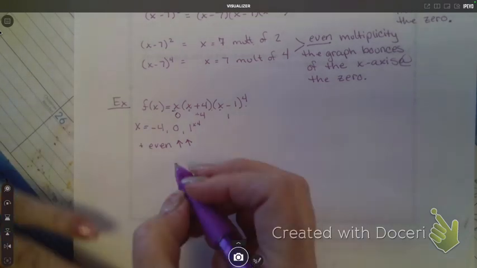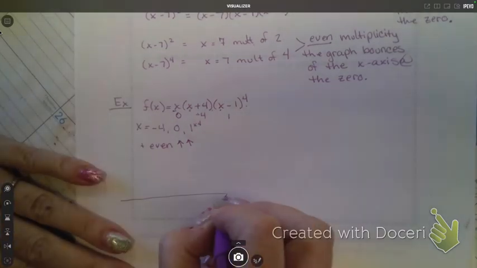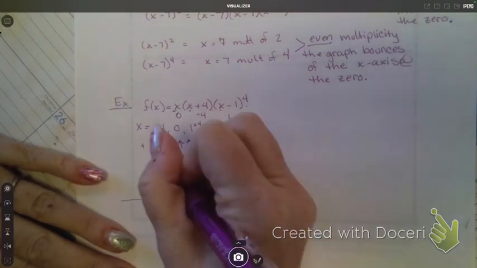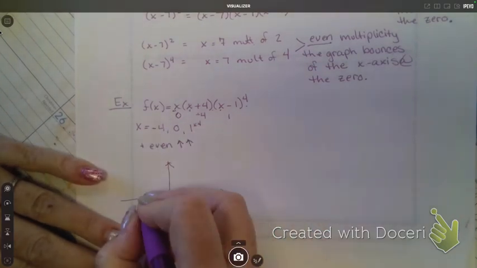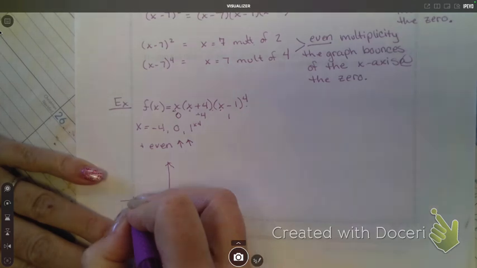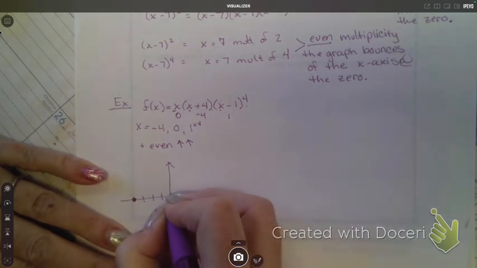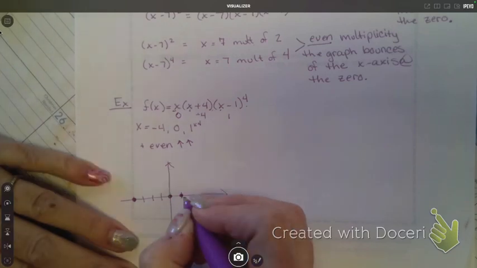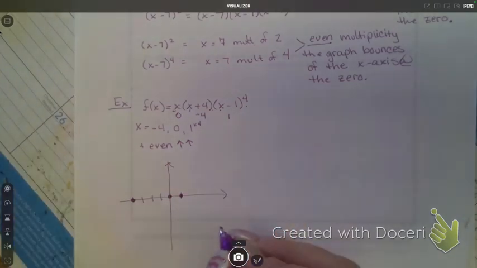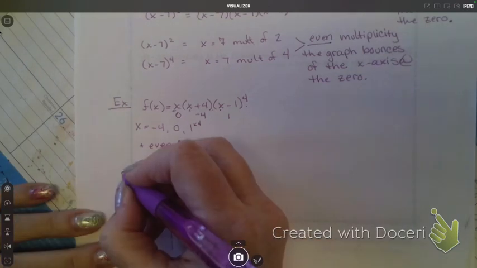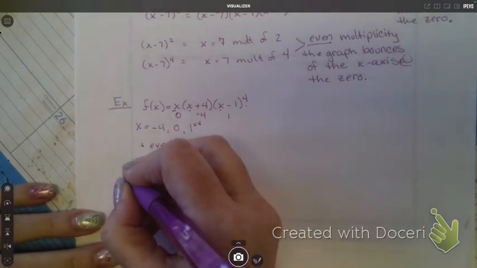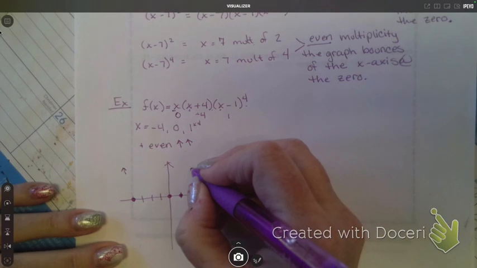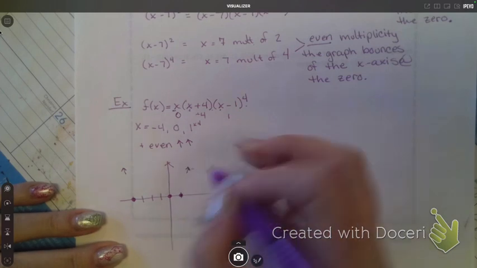Okay, so our graph, we're going to go through negative 4, right? We're going to go through 0. And what's going to happen at 1? Are we going to go through? Nope, we're going to what? Bounce. And it's going to start up and it's going to end up. We can only cross at x-intercepts, nowhere else.